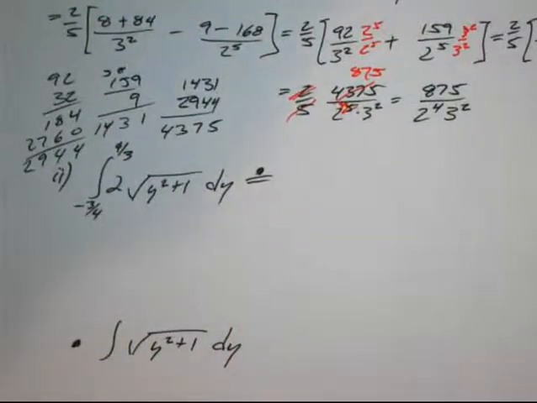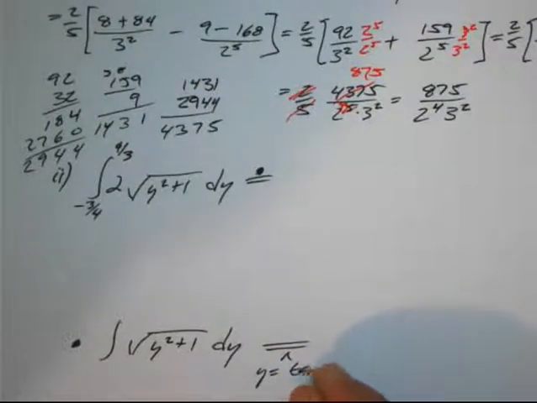Okay, and as far as a trig substitution goes, we could have y equals tan theta. The reason is you're thinking ahead that you want to see some trig identity make this a perfect square, and if y is tan theta, this becomes tan squared theta plus 1, known as simply secant squared theta.